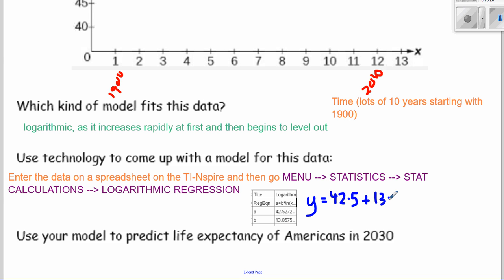Don't forget you've got the other stuff too, ln x. So ln just means a natural log with a base e. Cool. That's our little model.